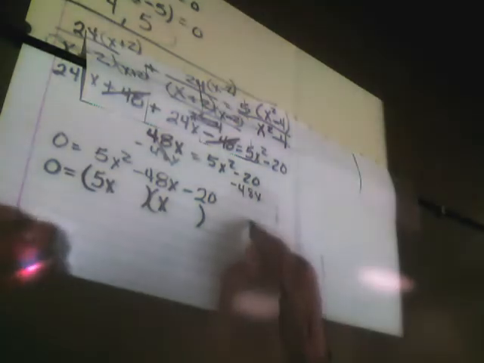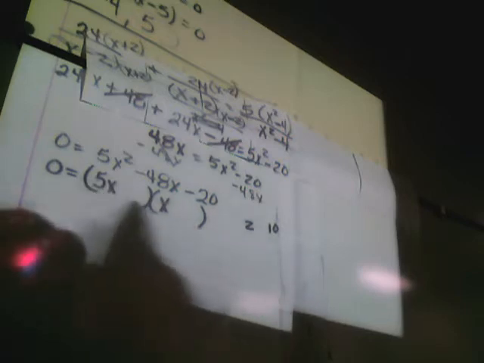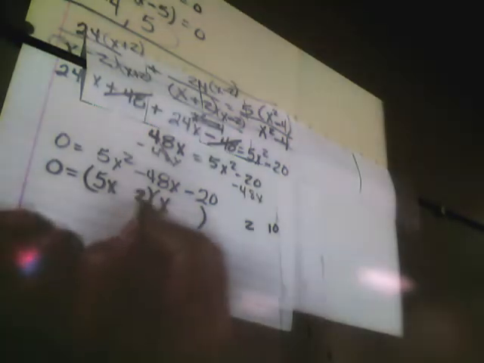If you get this far and see that you have to do that, then 5x plus 2, x minus 10. 2 and 10 will give you your 48x in the middle. Okay, he says it's 2 and 10. The 2 times the 5. So 5 times 10 is 50, and then the 2 here would be negative 48.